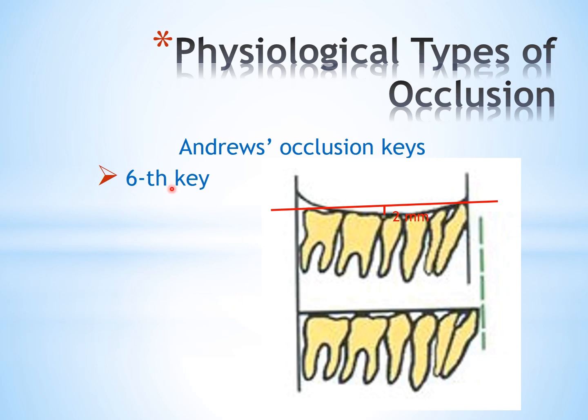And the sixth key of occlusion by Andrews is the Spee curve. You know that the normal depth of this curve is not more than 2 millimeters.